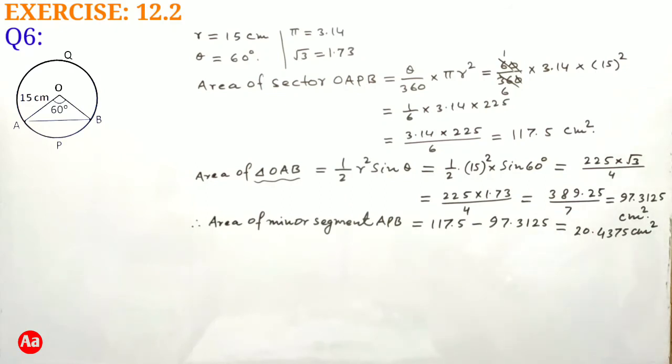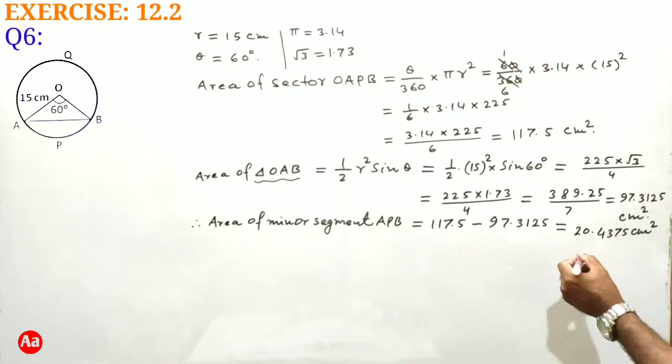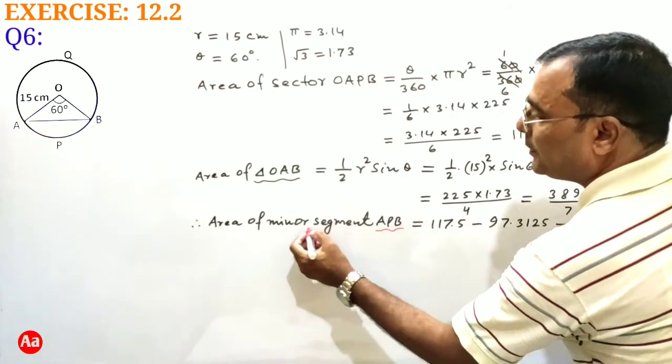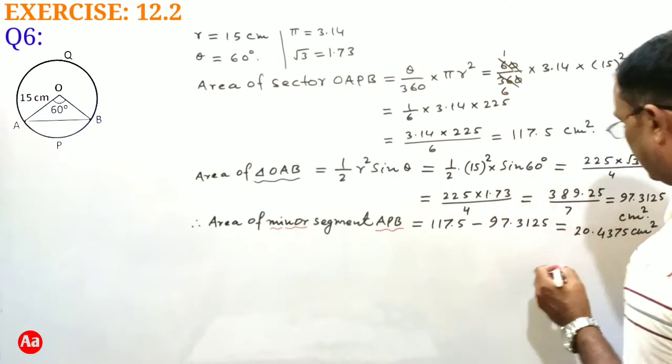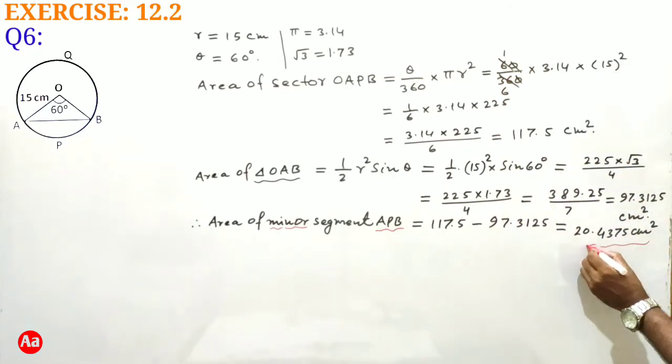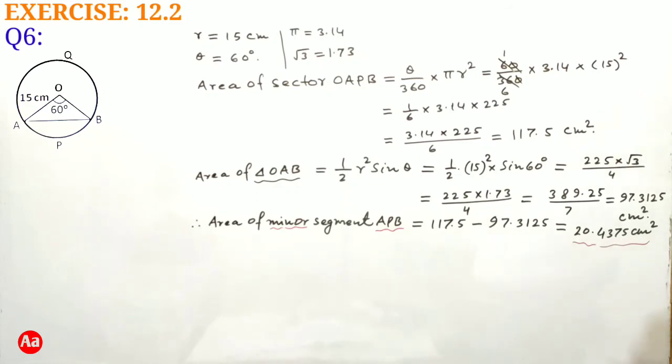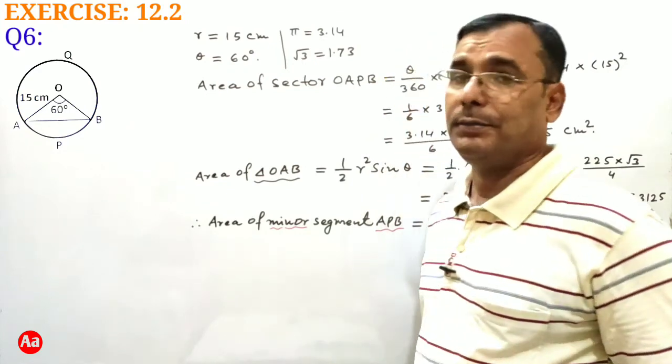So area of minor segment APB is equal to 20.4375 centimeter square.